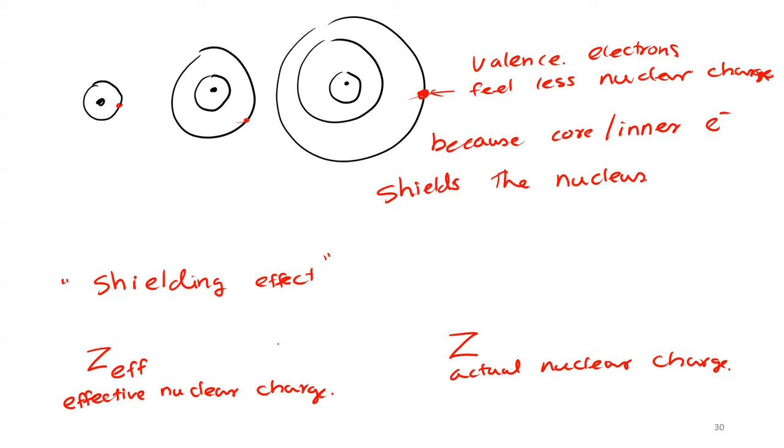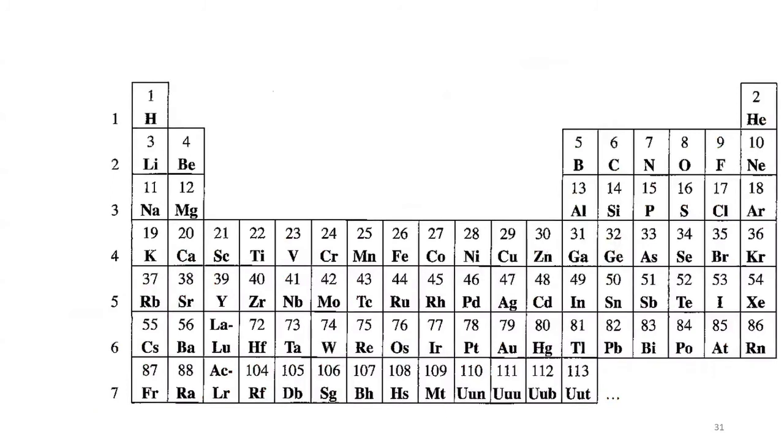It should be the actual nuclear charge. The actual nuclear charge is larger than the effective nuclear charge. The effective nuclear charge is smaller because of the shielding effect. Shielding effect is basically the core electrons covering up the nucleus so that the valence electrons are going to feel the nucleus less tightly. Now let's look into this shielding effect and the effective nuclear charge a little bit more.